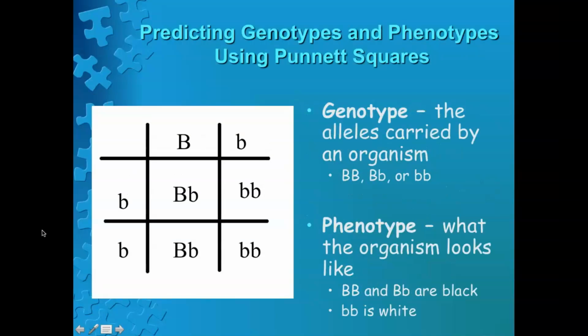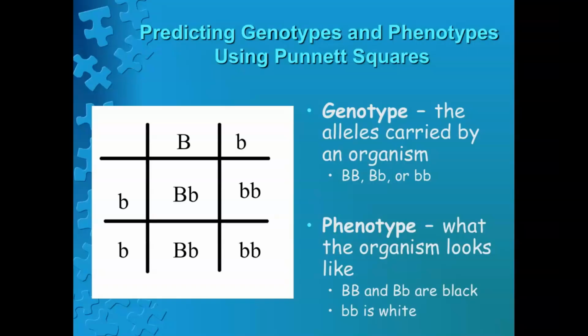We can now use that Punnett square information to predict the genotypes and phenotypes of the offspring that we've created from this particular cross. Remember that genotypes are the alleles, the actual letters that the organism carries. In this cross, I could have had a homozygous dominant, two big B's, a heterozygous, big B, little b, or a homozygous recessive, little b, little b.